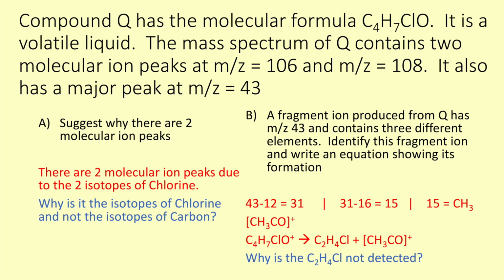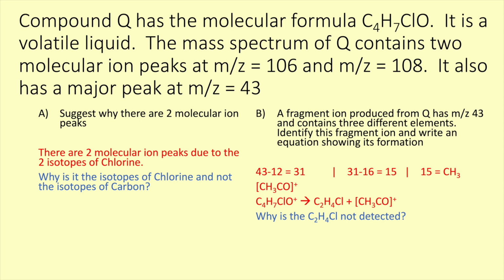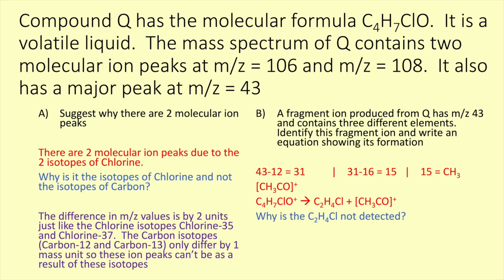So in a moment we're now going to come to the second question that I put underneath part A, why is it that the isotopes of chlorine and not the isotopes of carbon that were causing those molecular ion peaks. The reason for that is because the difference in those MZ values is by 2 units.